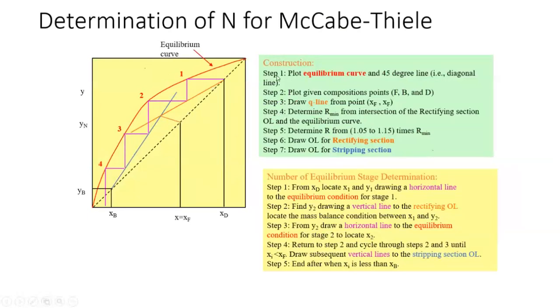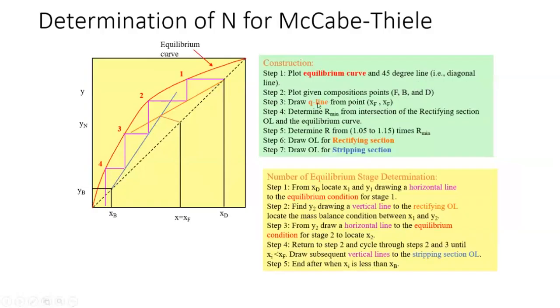This is step 1. First of all, plot the equilibrium curve and the 45-degree line, that is the diagonal line. So this is the equilibrium curve and this one is the diagonal line. Then plot the given composition points, that is the feed point, bottom product point and distillate point. So the distillate point, feed point and bottom product point should be located.